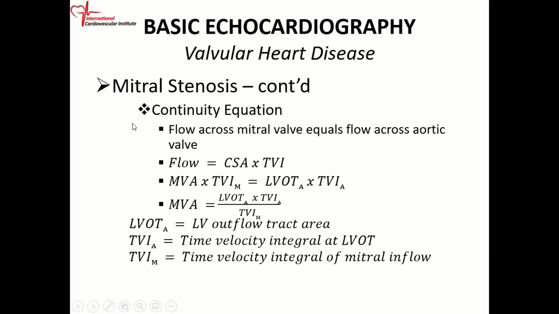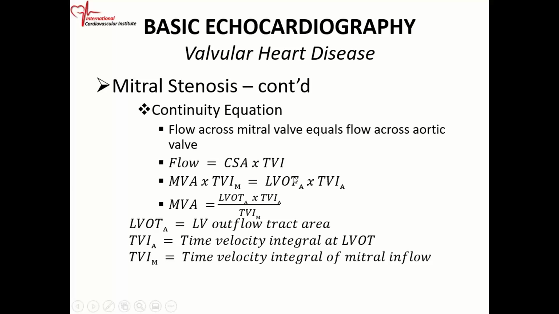You can also use the continuity equation, and it's the same thing that we have been talking about forever. The flow across all the valves is the same. So the flow across the mitral valve, which is the mitral valve area times the TVI, time velocity integral, is equal to the flow across the LVOT.